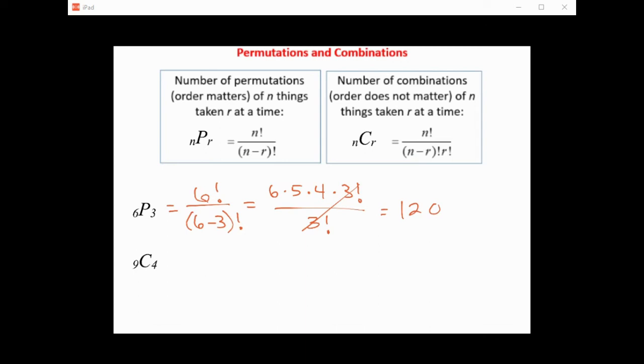And then with the 9C4, they're very similar formulas. It's just the combination has the extra R factorial on the bottom. So 9 minus 4 factorial times 4 factorial, which is 9, 8, 7, 6, 5, and then 5.